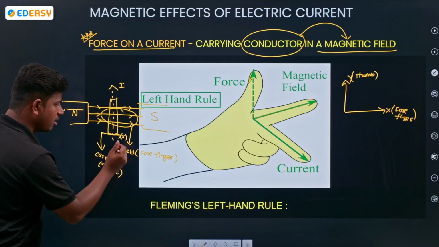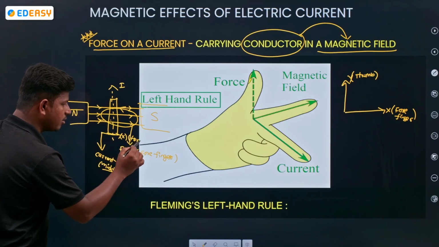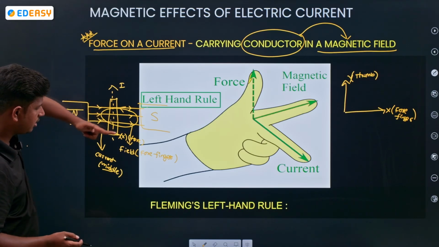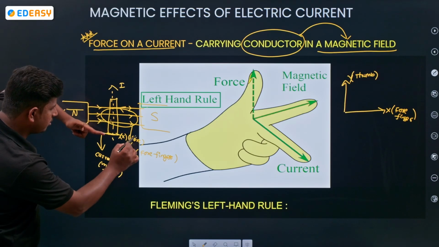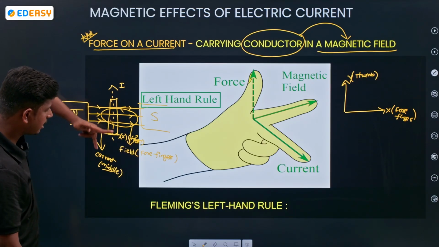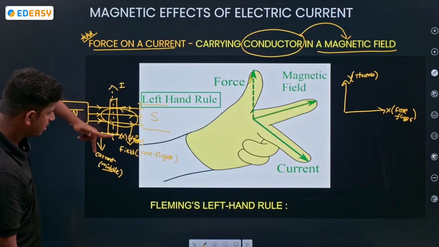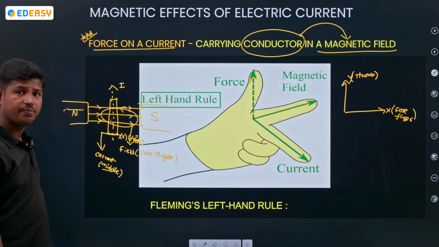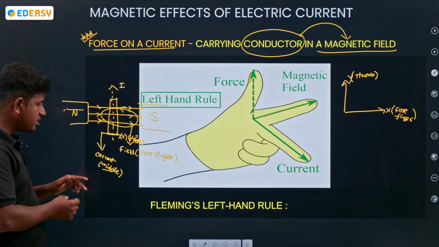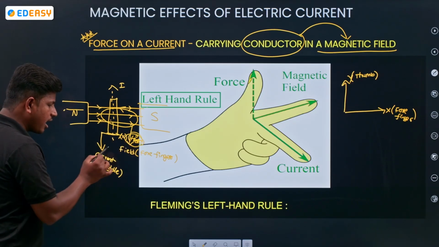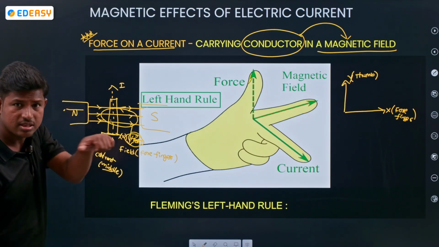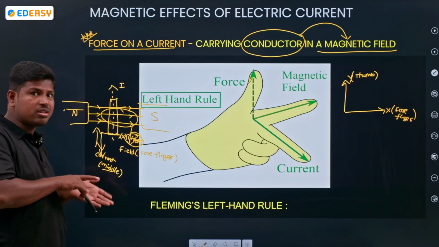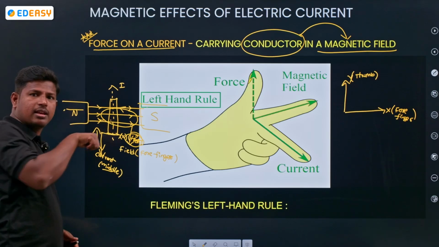If the current direction changes, see, field is this side, current is this side, and force will be this side, out towards you. And if the direction of the current changes, the force direction changes, this time like this.